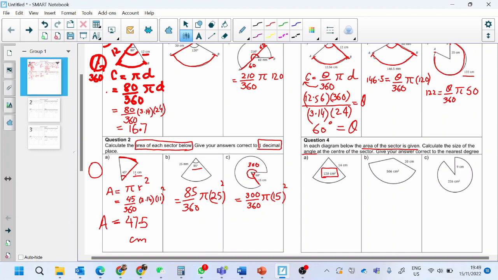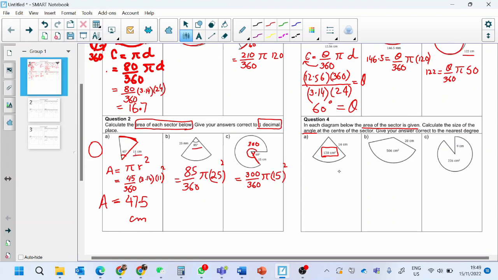Now we are given the area, and we have to find this angle here. It remains the same. We have to use the formula of the area. Previously we used the formula of the arc, but now we have to use the formula of the area.